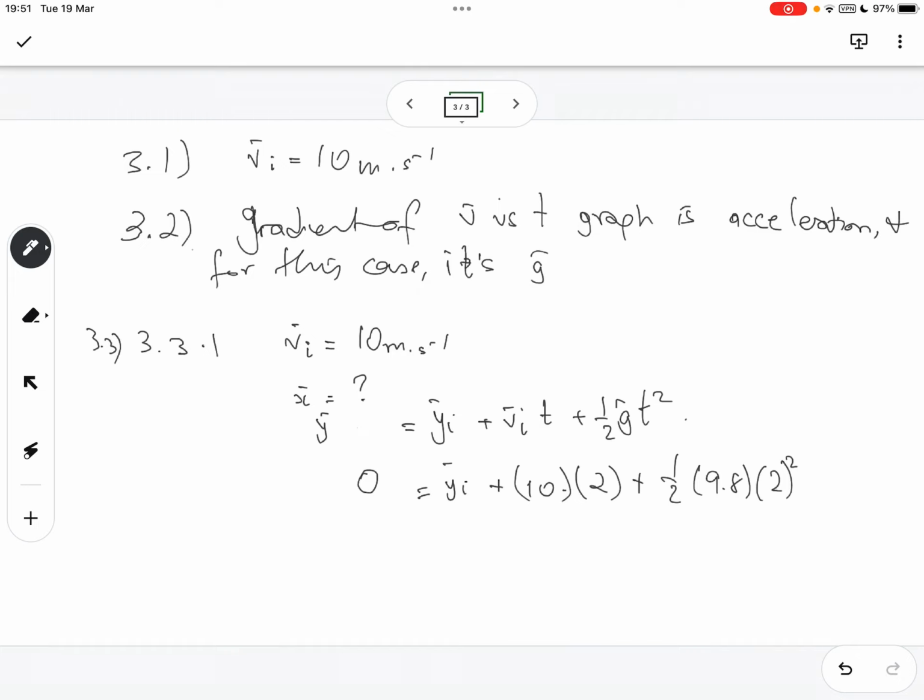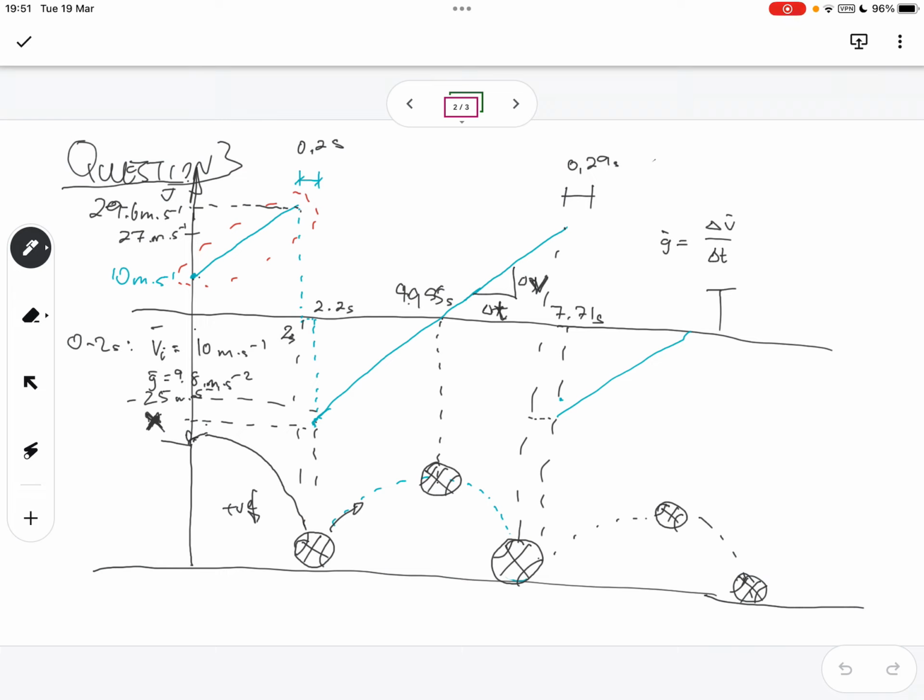Let me see that, because we take downwards as the positive direction and the ground as 0 reference.